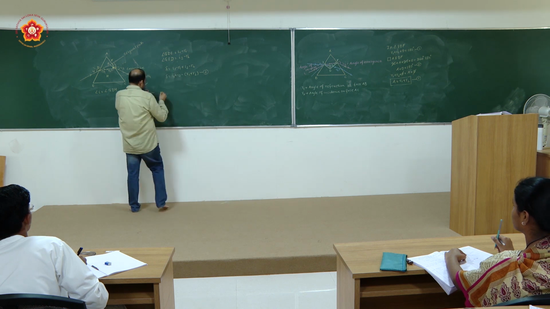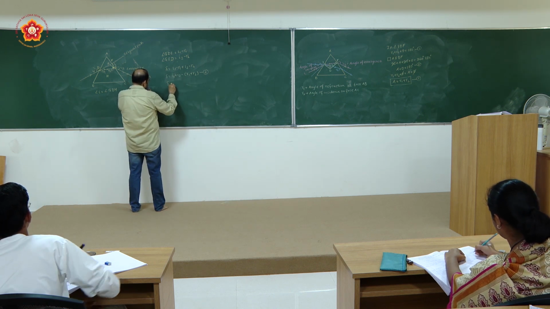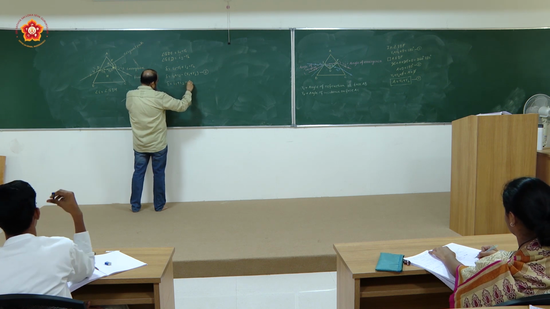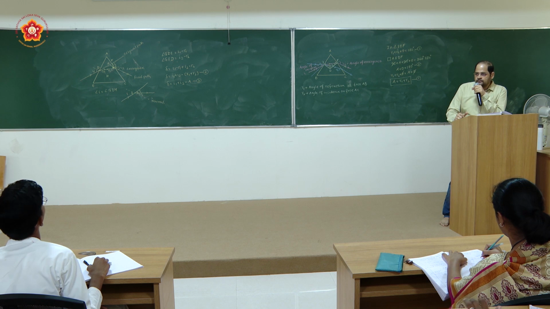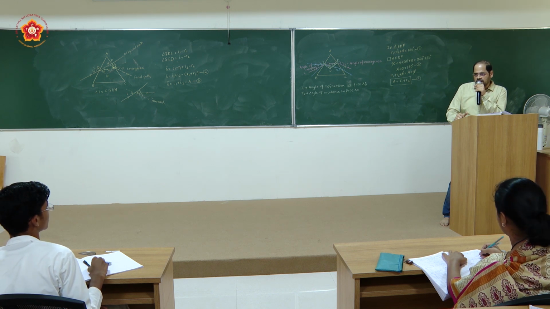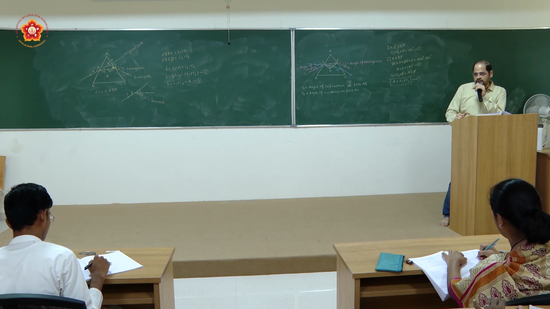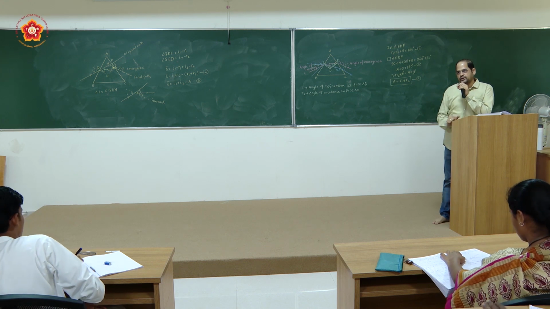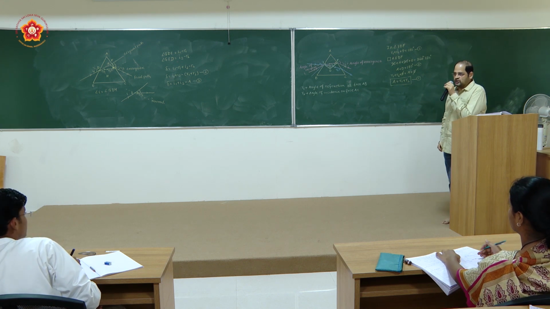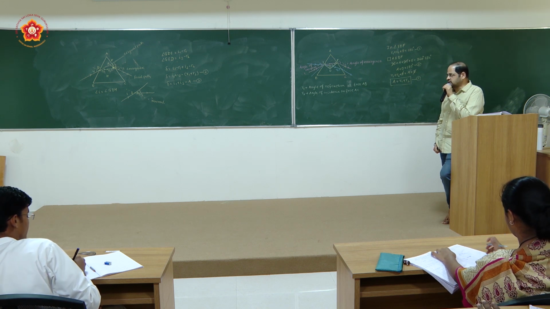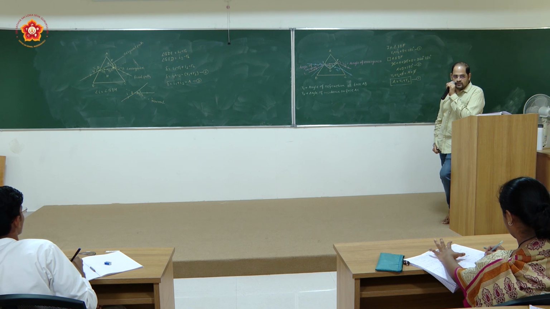So can I put this relation as delta is equal to I1 plus I2 minus A? Can I write down like this? Because we have already proved that R1 plus R2 is equal to A. So your angle of deviation depends on the sum of the angle of incidence and angle of emergence, because the angle of prism, or refracting angle of the prism, will remain constant.